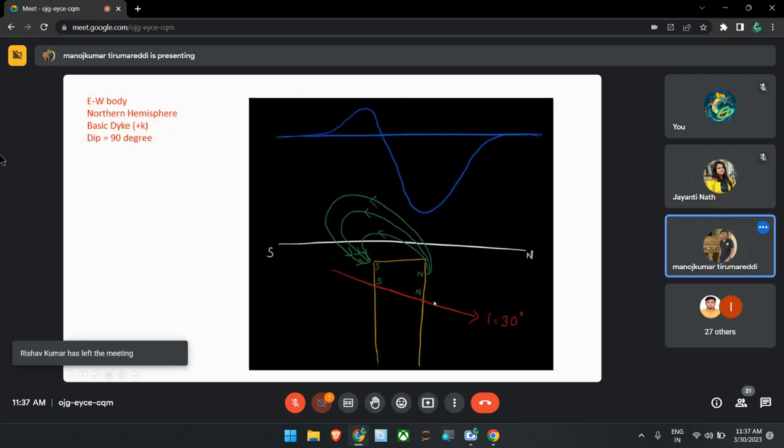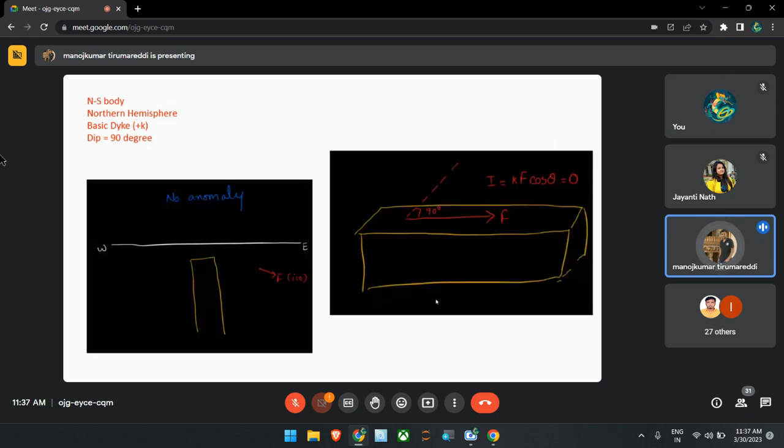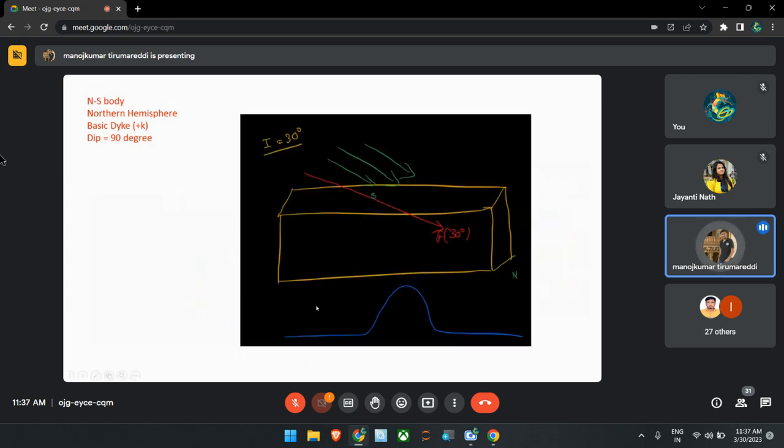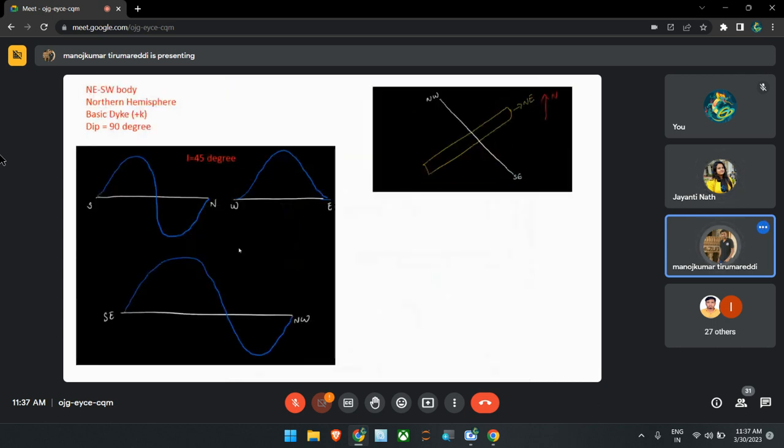This one means you have to visualize in cross-sectional view as well as along the strike, because of both we will get the anomaly. I will draw the figure and I will share it with you. Okay, sir.